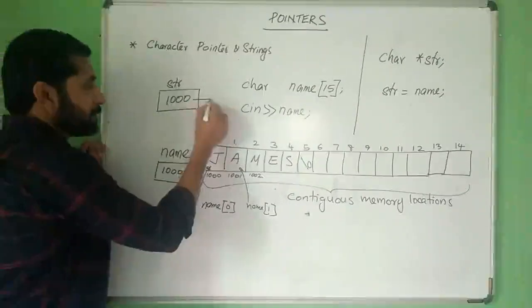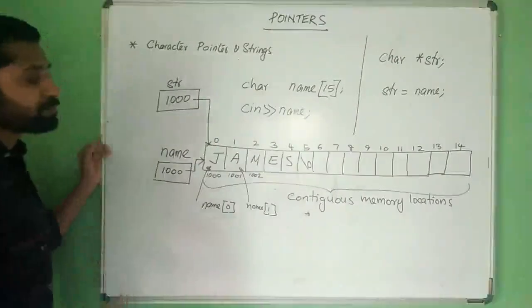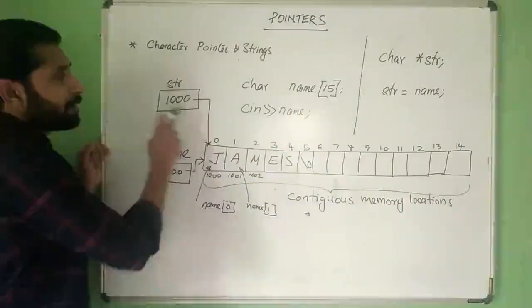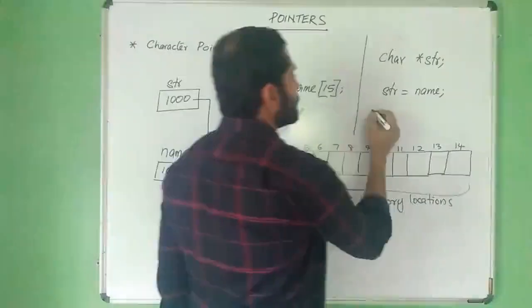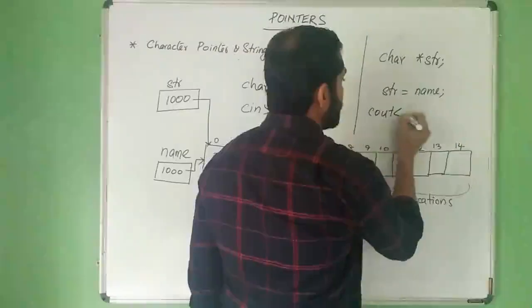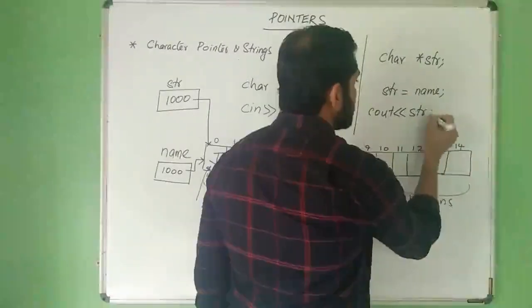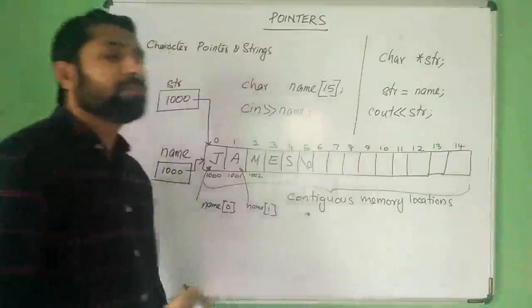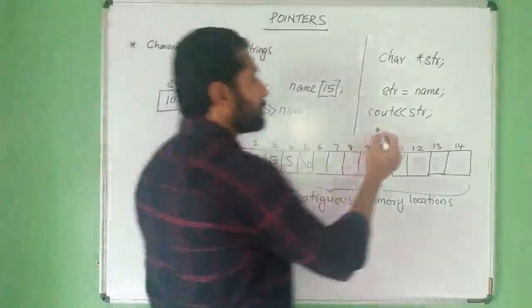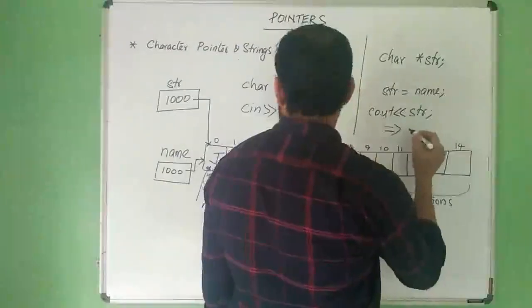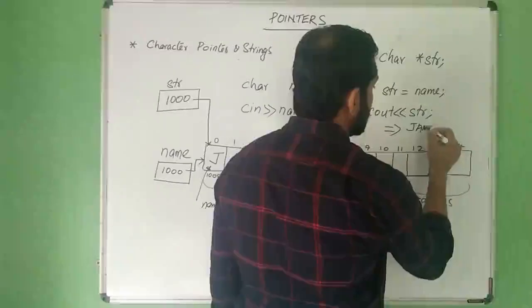So what does it mean? This also points to this. Now we can write a statement like this: cout str. This will give you the output James.